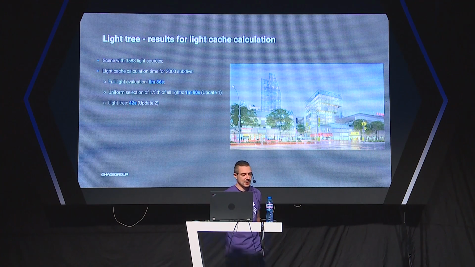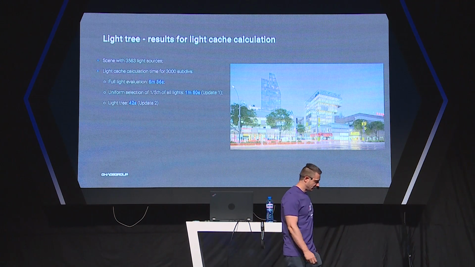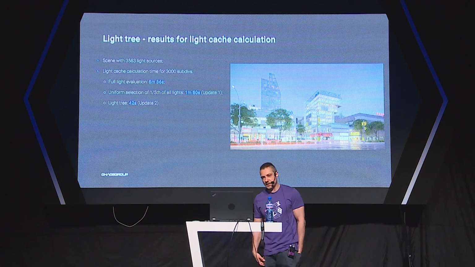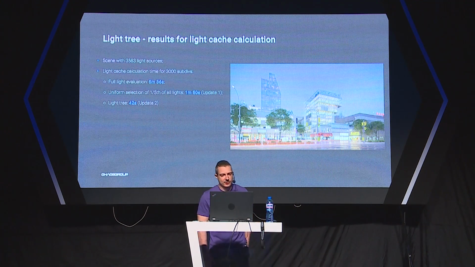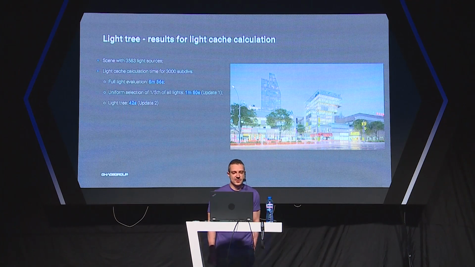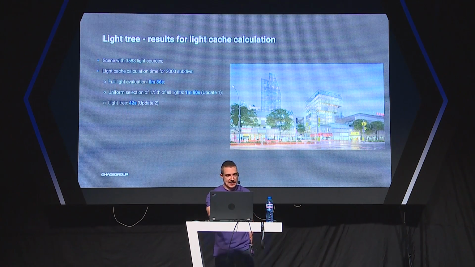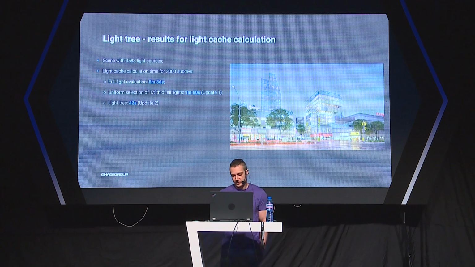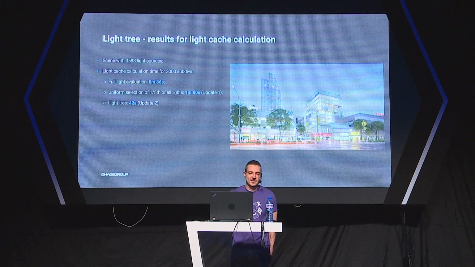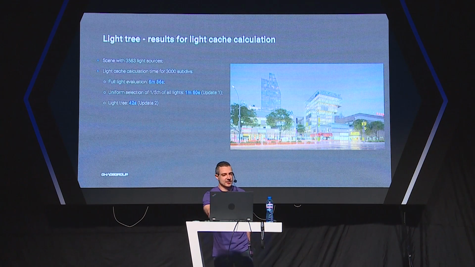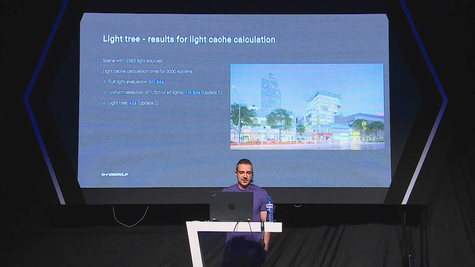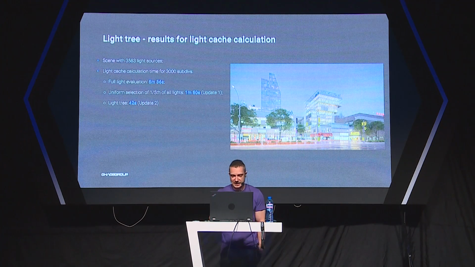And if we use uniform light selection, what we had in V-Ray 3 and in the initial releases of V-Ray Next, this goes down to 1 minute 50 seconds. And with the light tree, which we have now in update 2, this is down to 42 seconds. So that's quite a speed improvement. And for many scenes, it turned out that the light cache calculation is actually a significant portion of the render time, so this can save quite a bit.